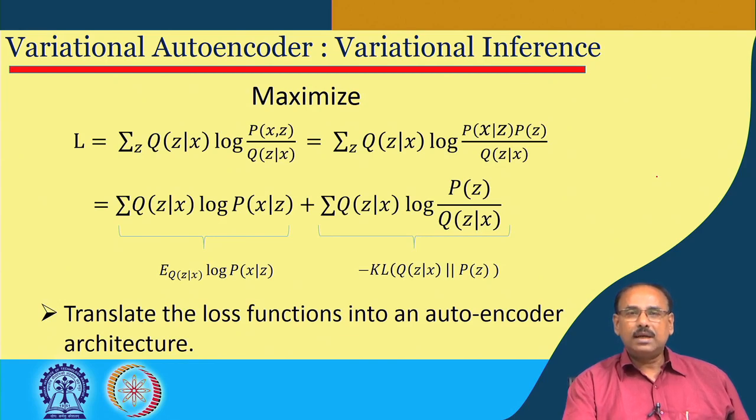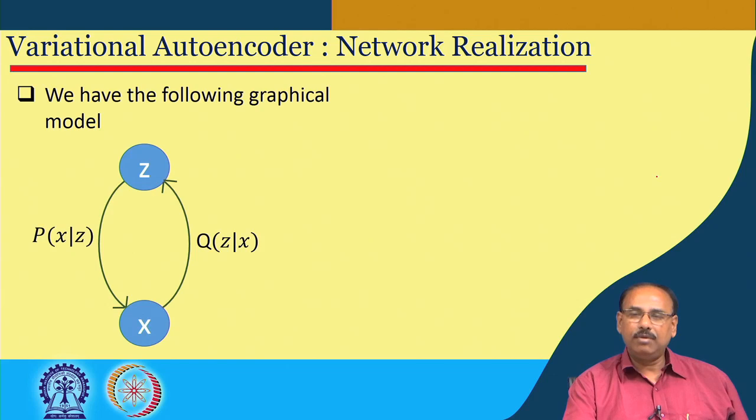Then we have seen how we can translate this loss function, or the maximization of this loss function, into an autoencoder architecture. For that, we went back to our graphical model, given the latent variable or latent vector Z and the data X which is to be reconstructed.